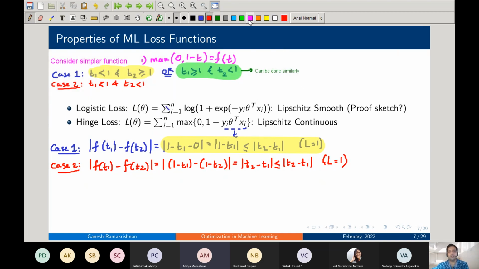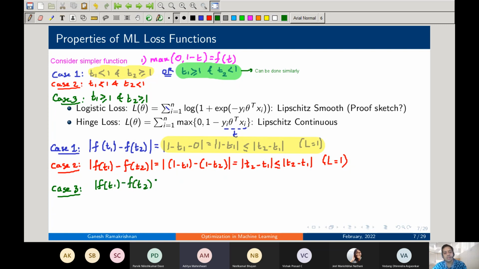Okay, so let's just do the third case, which I would say is the simplest of the lot. Right, so case 3, both are greater than or equal to 1. In this case you're just dealing with 0 minus 0, which is always less than or equal to the absolute value of t2 minus t1.